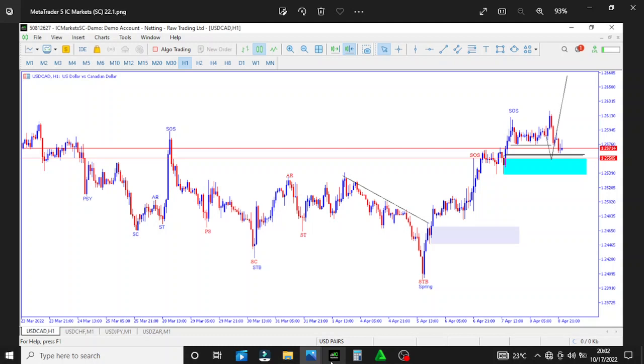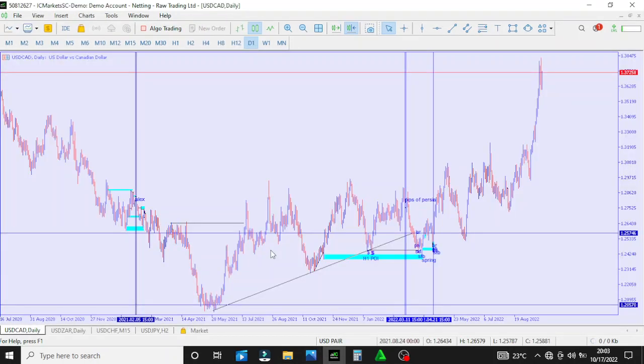If you watch my previous videos, when I'm talking about a convincing case, I'm talking about a series of confluence. You need everything to line up. So if you're looking at daily, H4, 1 hour, 30 minutes, 15 minutes, 5 minutes, 1 minute, everything should point bullish before you even look for a trade. Let's get to it.